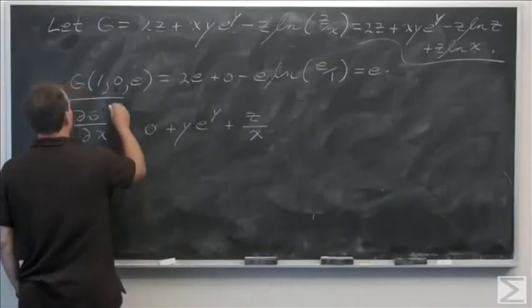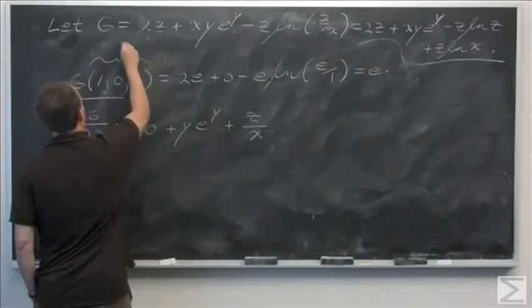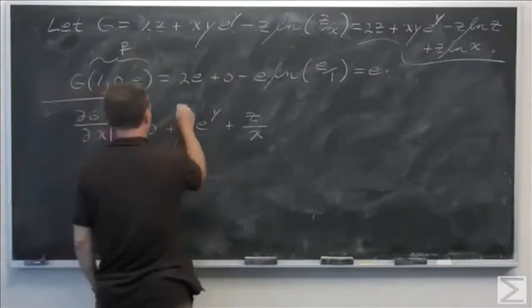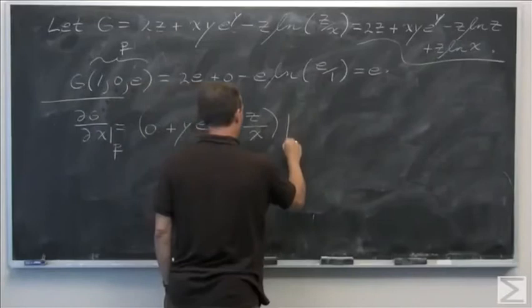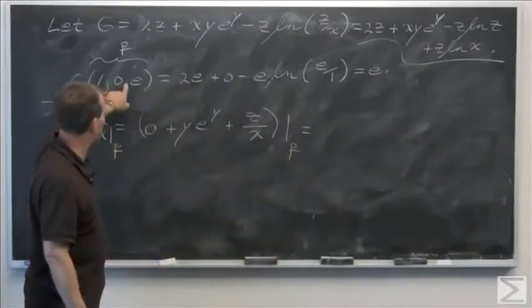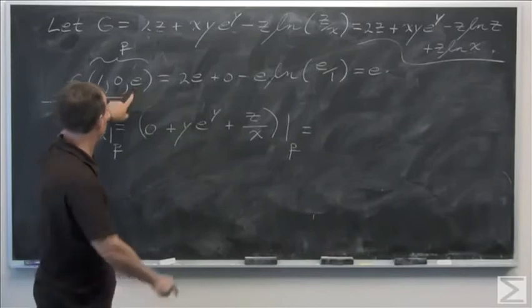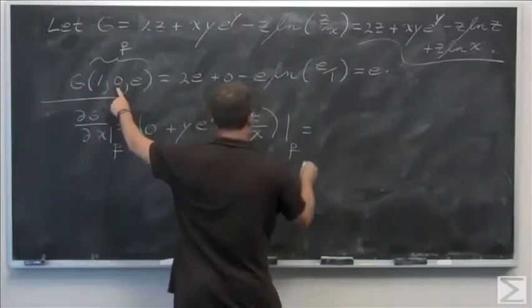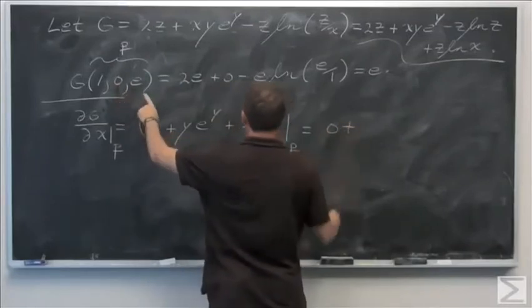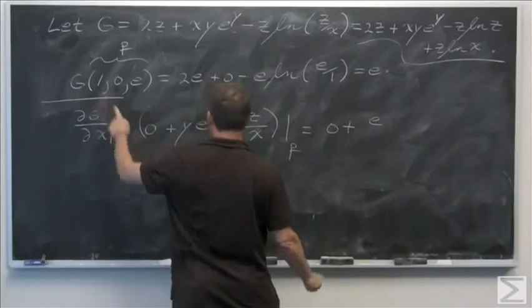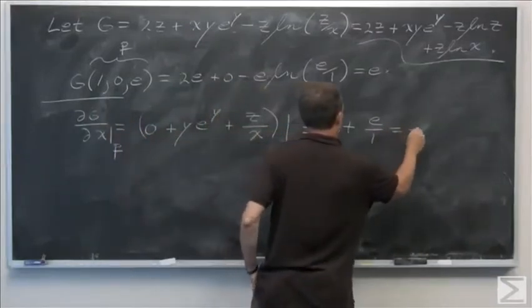I'll go ahead and evaluate them all at the point. So let me call this point P, just for notational ease. So if I evaluate this partial derivative at P, that means I'm putting in x is 1, y is 0, and z is e. Y is 0, so we get 0 plus z is e, x is 1, so we get e.